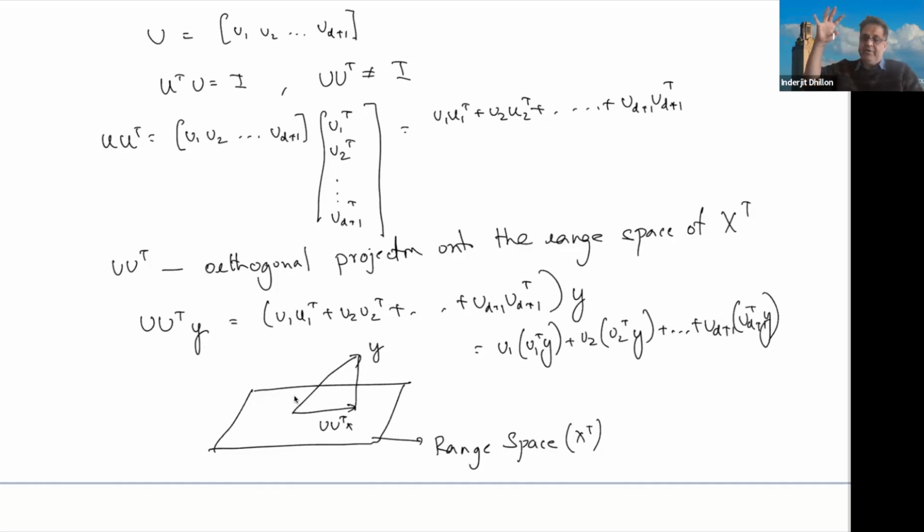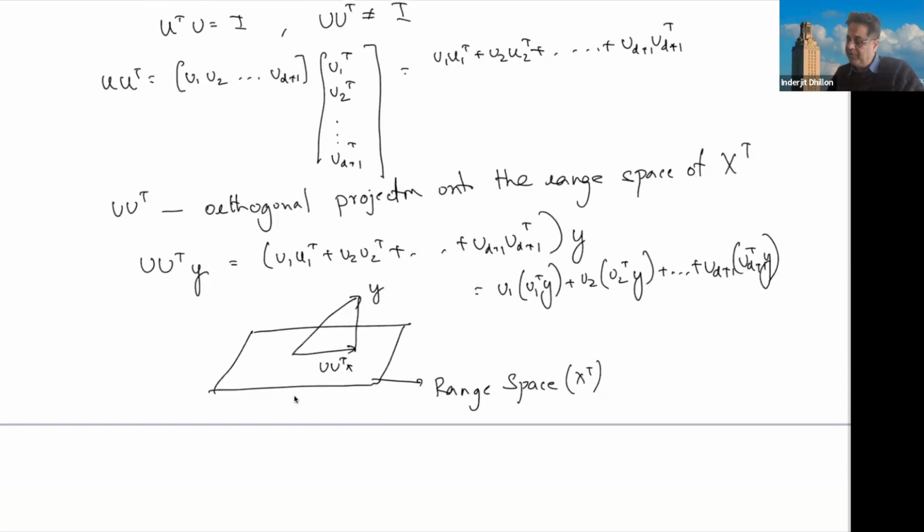So it's basically like projecting onto each of the vectors, which is equivalent to projecting onto the column space, or range space, of X transpose. That's exactly how we did the geometric derivation of least squares regression. And now, algebraically, we've also verified it.